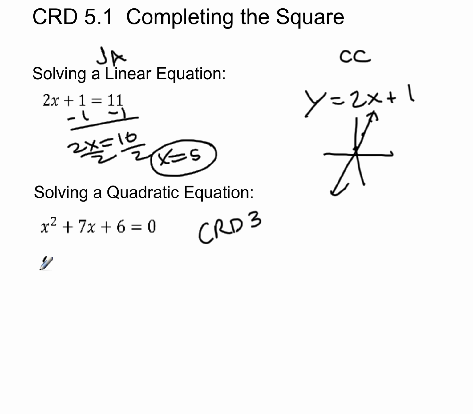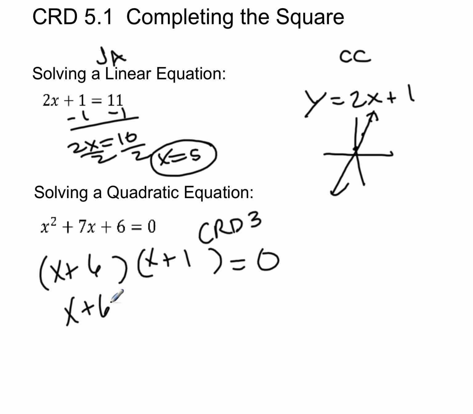What you were told or learned how to do is that you factored that trinomial. Remember, 6 plus 1 equals 7. 6 times 1 equals 6. And then you said if both of these multiplied together equals 0, I'll use the zero product property and say, well, x plus 6 has to equal 0, or x plus 1 has to equal 0. And when I solve for that, I get -6 or -1.